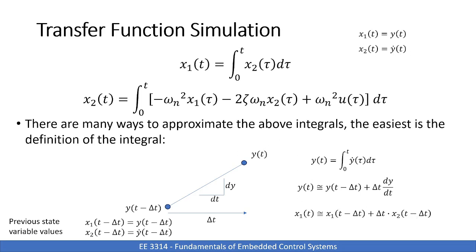So that's really how we're going to estimate these state variables using a discrete system. Now we're estimating an integral, which is much more behaved than trying to estimate derivatives. So in this case, our previous state variable x1 is now equivalent to our previous y, and x2 is going to be our previous y dot.